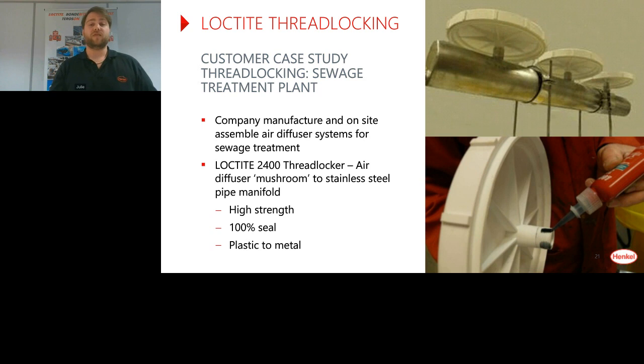Now, through all of these applications, there are a number of different requirements for the customer and their production method, which lead us to selecting the right adhesive for the job.